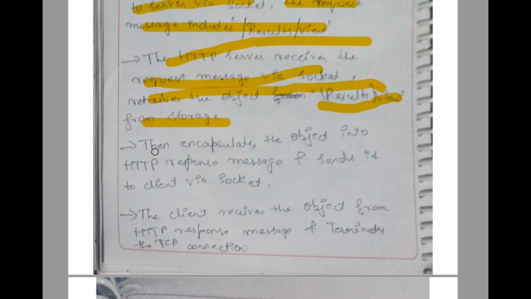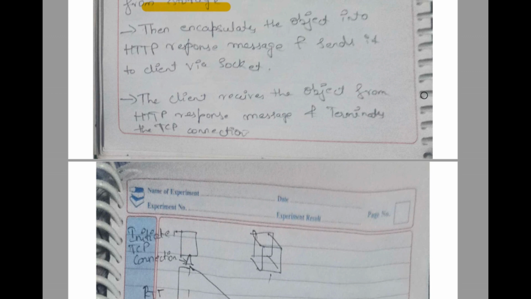Then it encapsulates the object within the HTTP response message and sends it back to the client. The client receives the object from the HTTP response message and terminates the TCP connection.